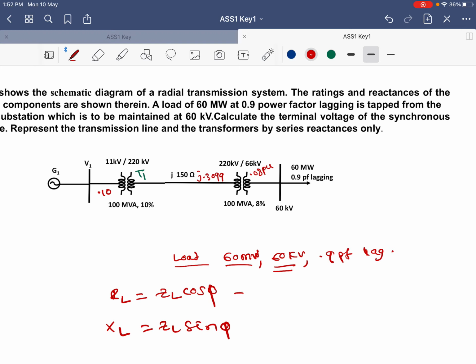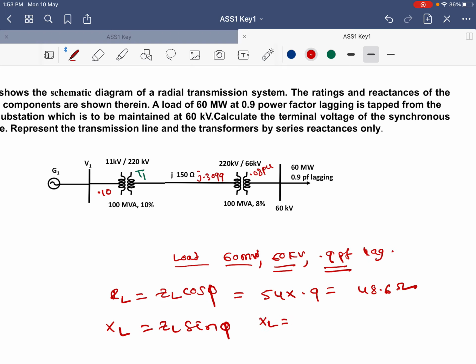Therefore, resistance is 54 times cos phi, which is already given as 0.9, that is equal to 48.6 ohm. Okay, this is one formula for calculating XL.